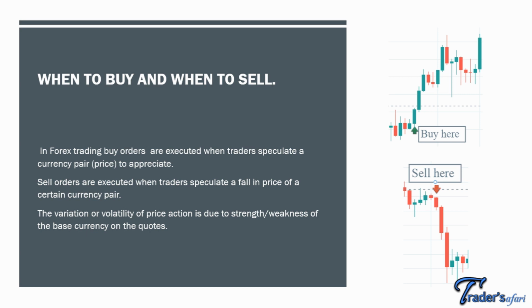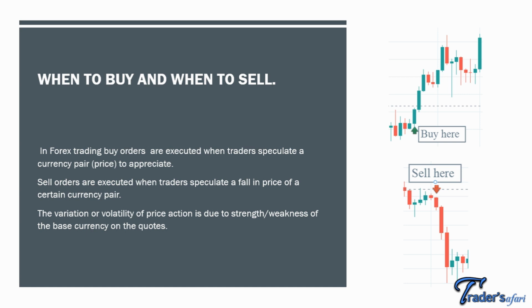In forex trading, buy orders are executed when traders speculate the currency pair or the price to appreciate. So what we do in forex, we try to speculate price movements. When you speculate that the price might go higher, what you do is you buy, and you put your take profit high above where you expect the currency to reach.